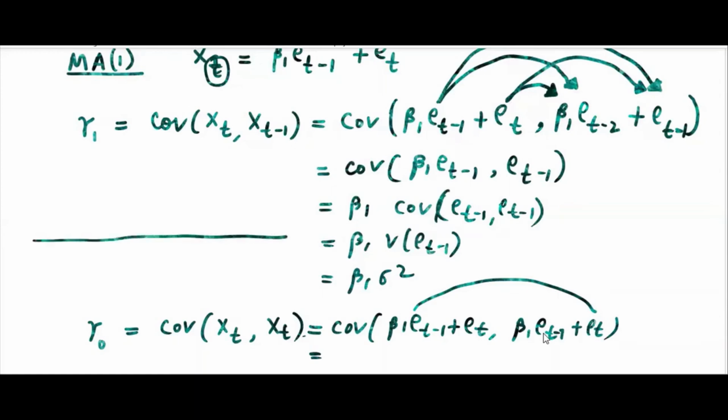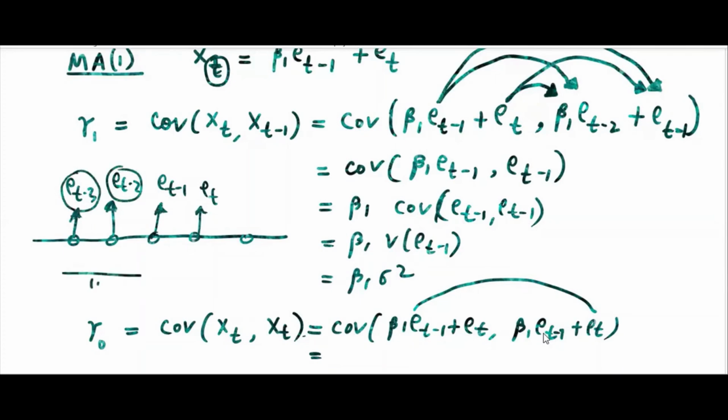They are uncorrelated. If you have any doubt, remember, these are the errors. Suppose et minus 3, et minus 2, et minus 1, et, that way. It is like traveling by auto each day. Normally it should take 10 minutes to go from A to B, but every day it will not take 10 minutes.